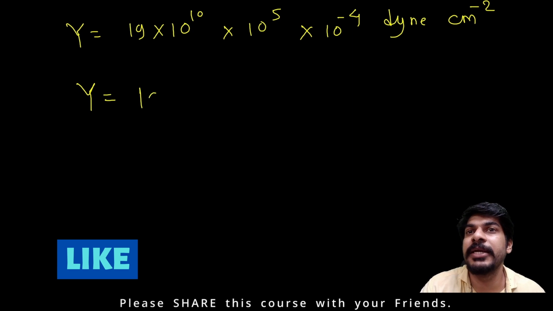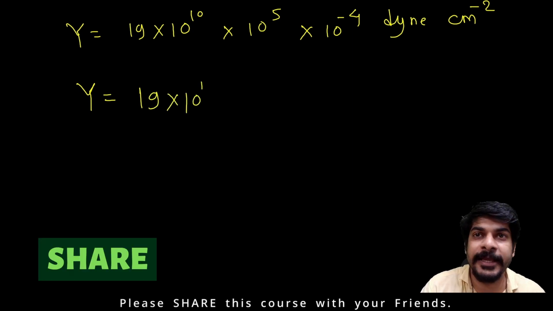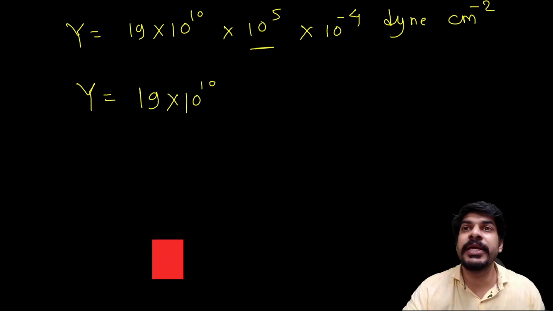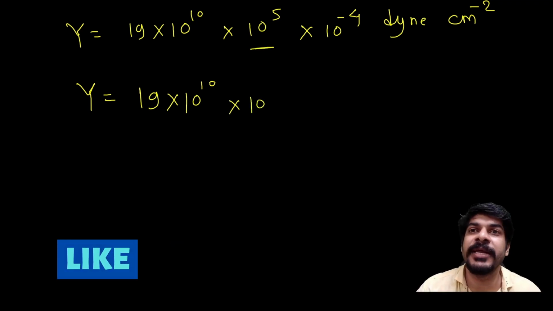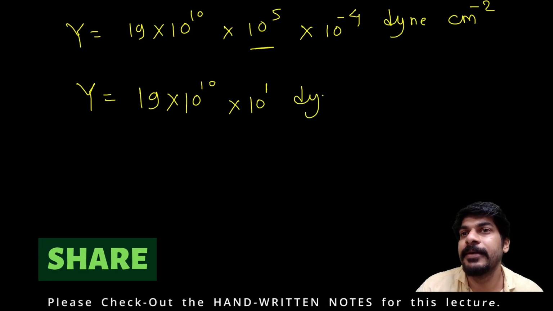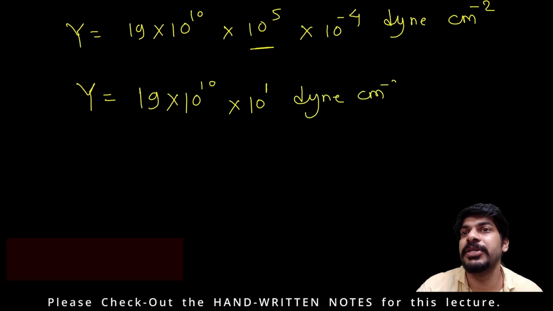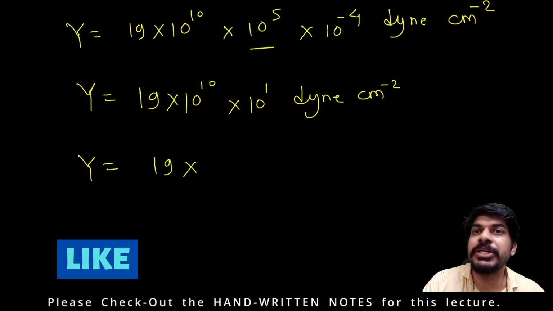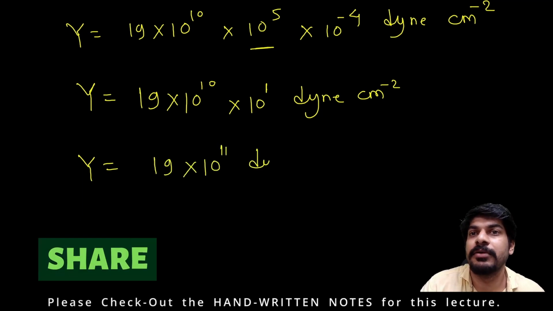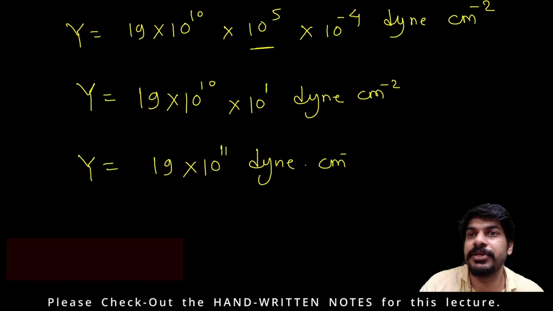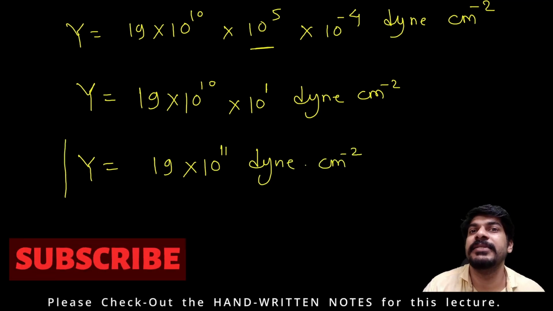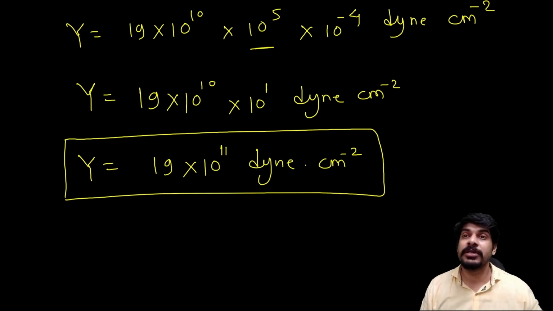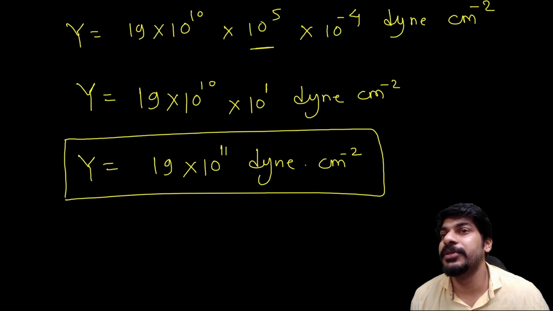Y is equal to 19 into 10 raised to 10, into 10 raised to 5 into 10 raised to minus 4, so only 10 raised to 1 will prevail. So Y will be equal to 19 into 10 raised to 11 dyne centimeter inverse squared. That's it. That is the value of Young's modulus of steel in dyne per centimeter squared.